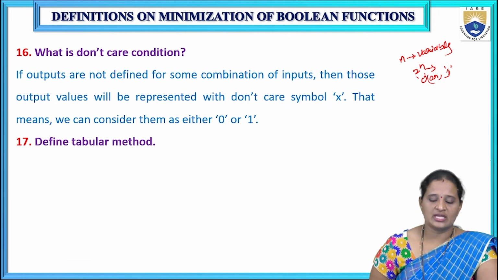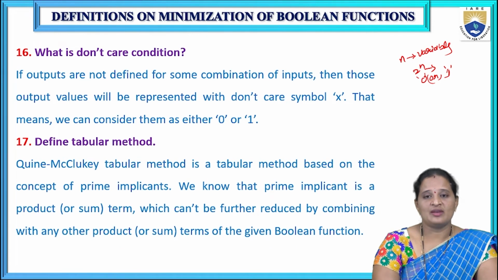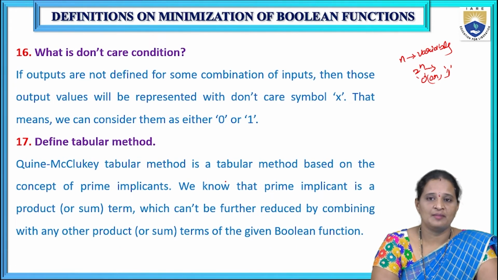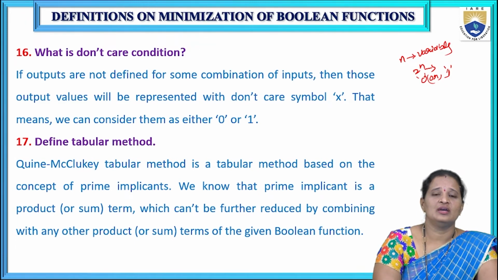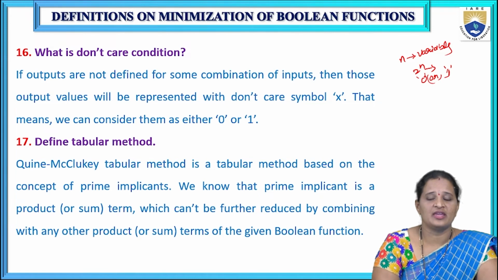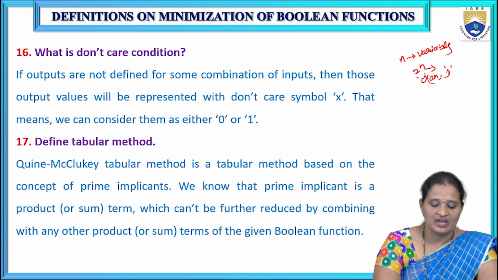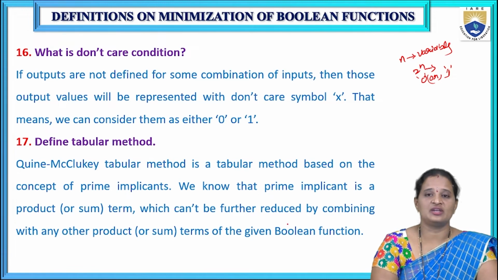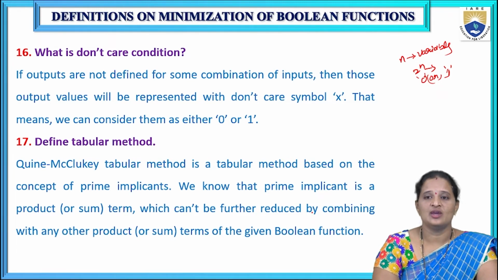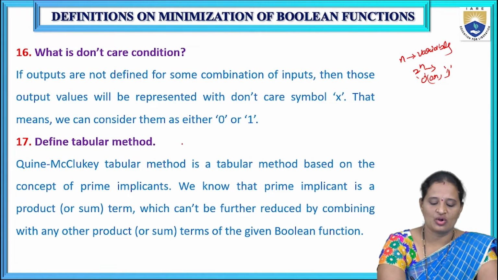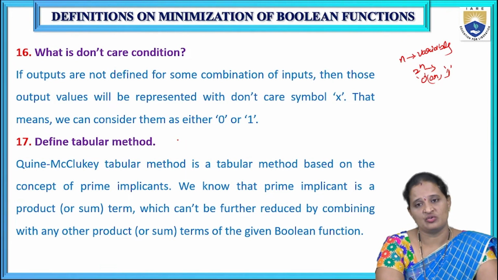Define tabular method. What is the tabular method? The tabular method was introduced by a scientist named Quine McCluskey, and it is a tabular method of simplifying a Boolean function. Whereas the K-map was the graphical method of simplifying a Boolean function, in the tabular method we construct a table which is used to simplify the Boolean function. It was developed by Quine McCluskey, and hence we can also call it the Quine McCluskey method or the QM method.